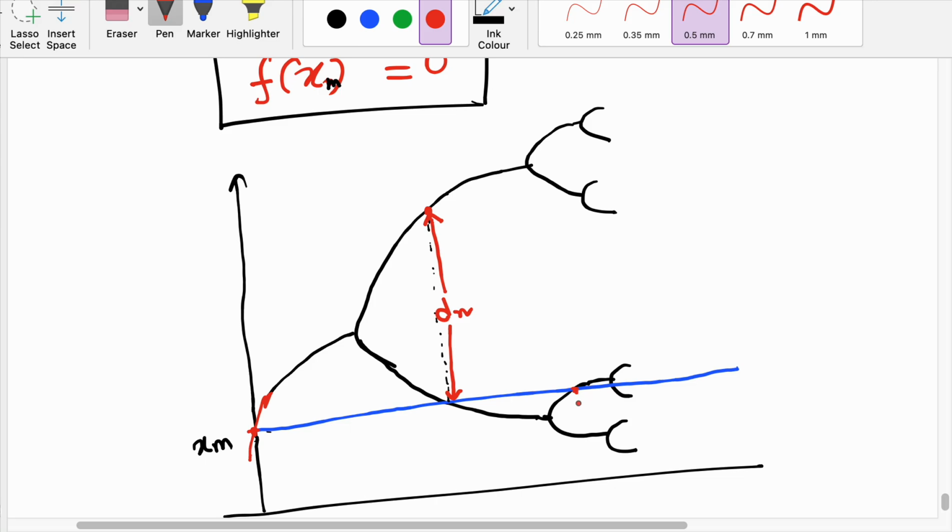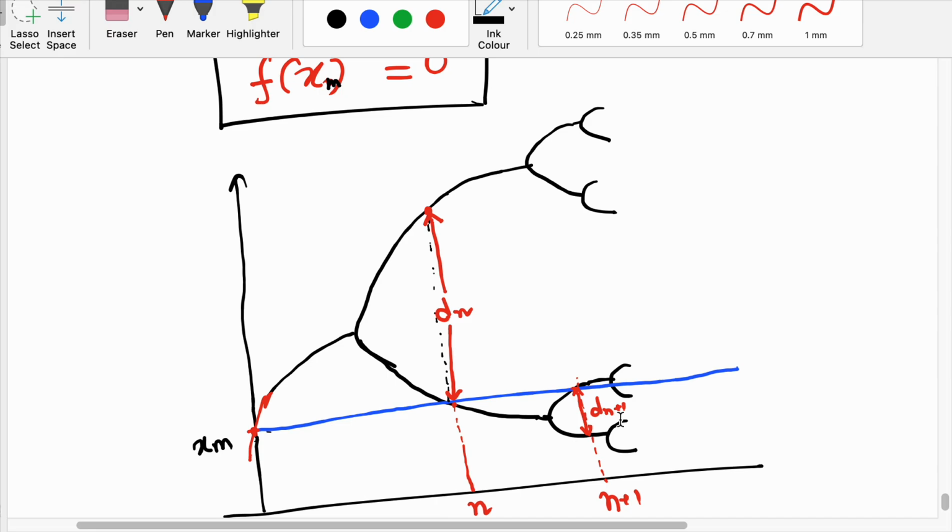So what is the distance between the two points? Suppose this is after some nth bifurcation, and this is the (n+1)th bifurcation. Now you see that the distance between these two points of a superstable orbit actually decreases.